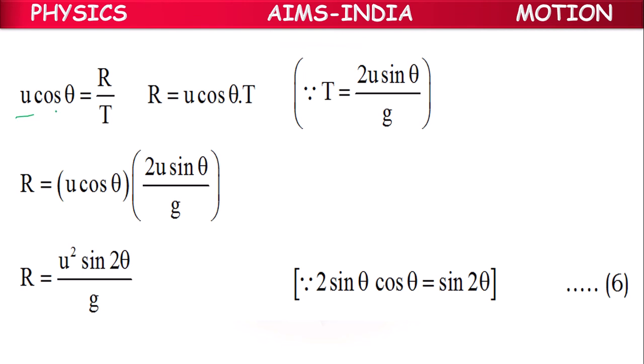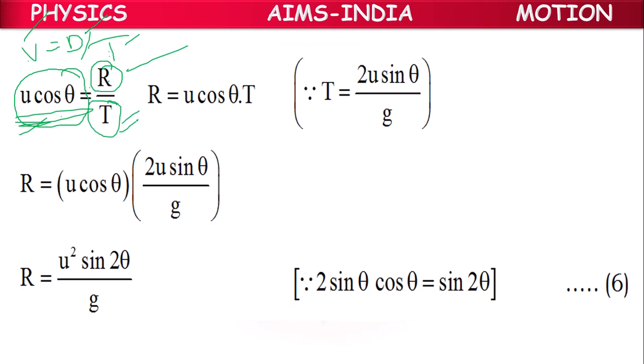So in the place of velocity, we can take the horizontal component u cos theta. In the place of distance, we can take range R. In the place of time, we can take time of flight, capital T. So now R equals u cos theta into T.